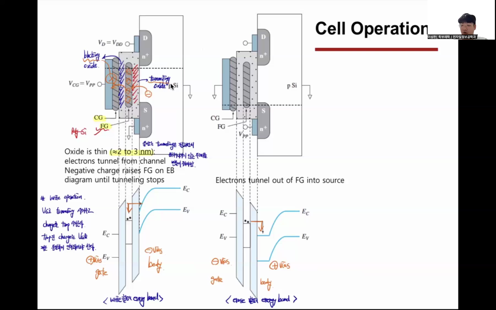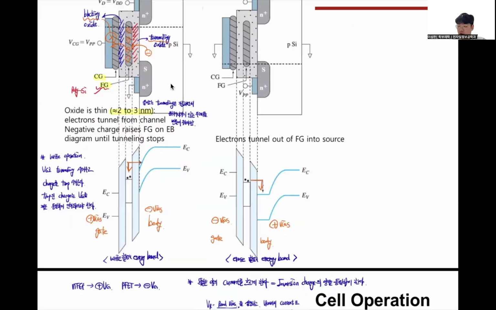And the most important thing is the oxide thickness. The tunneling oxide should allow charge to tunnel to the floating gate, and it should not allow charge to tunnel through the blocking oxide or to the body, because that is leakage current, so we prevent this from happening. So we choose a thickness of 2 or 3 nanometers for the tunneling oxide.